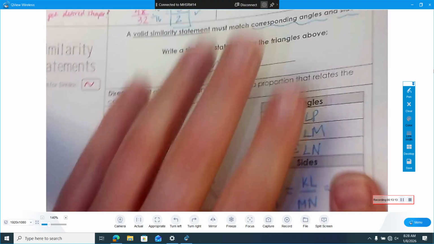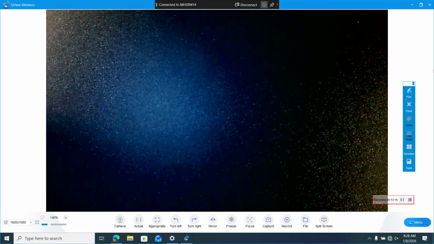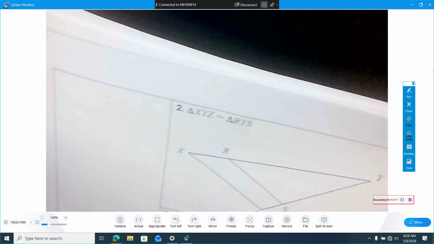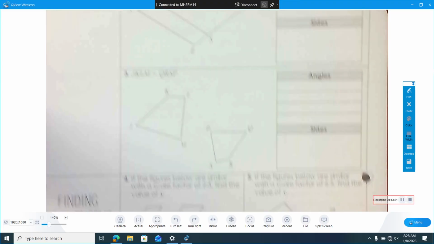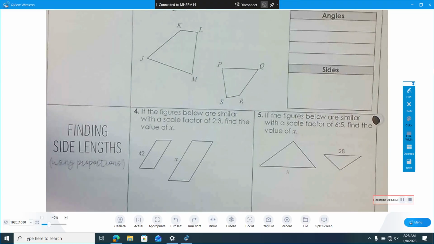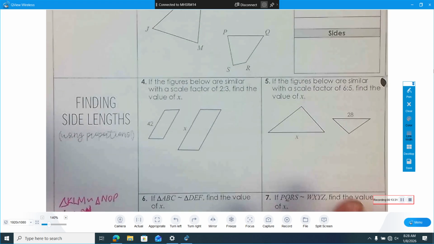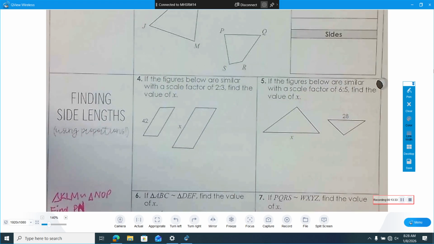Okay. Turn the page. Number 4. Yeah, we're going to skip down to number 4.